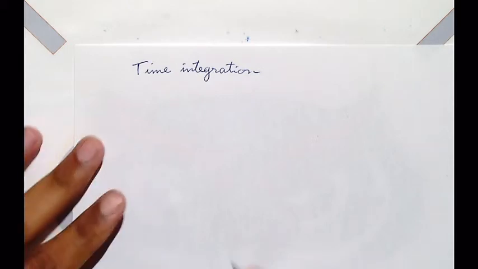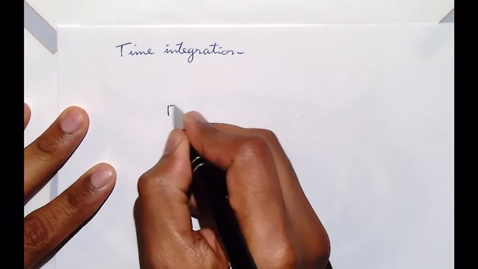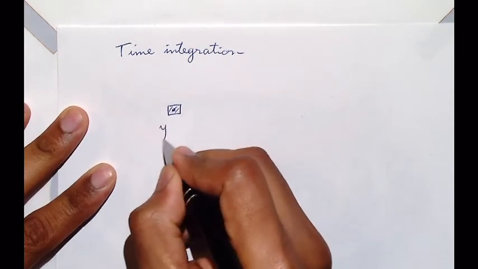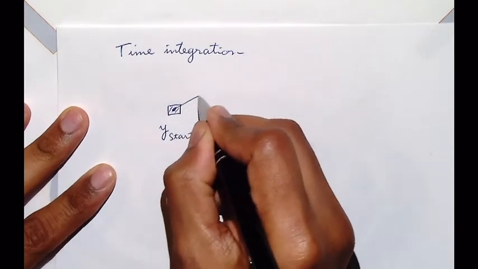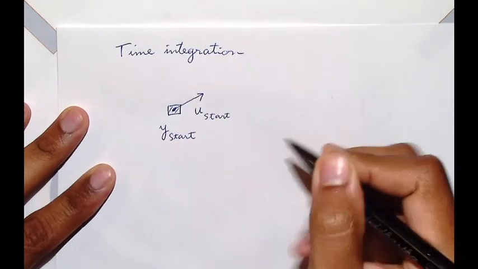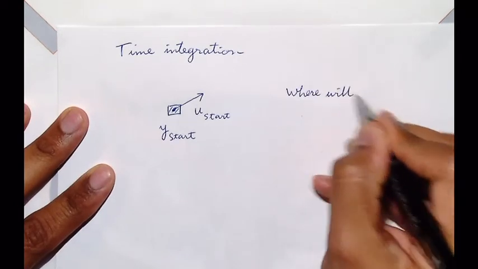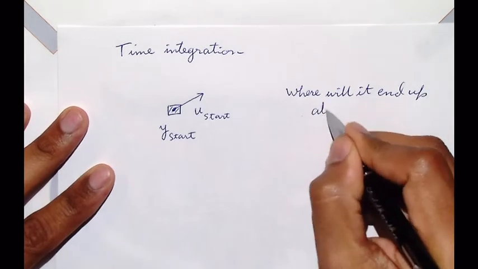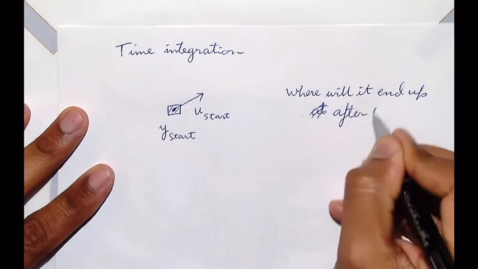Okay, so time integration. Now, let me give you one point. Let's call this y start, and if I give you the velocity of this point, u start, can you tell me where it will end up after delta t seconds?